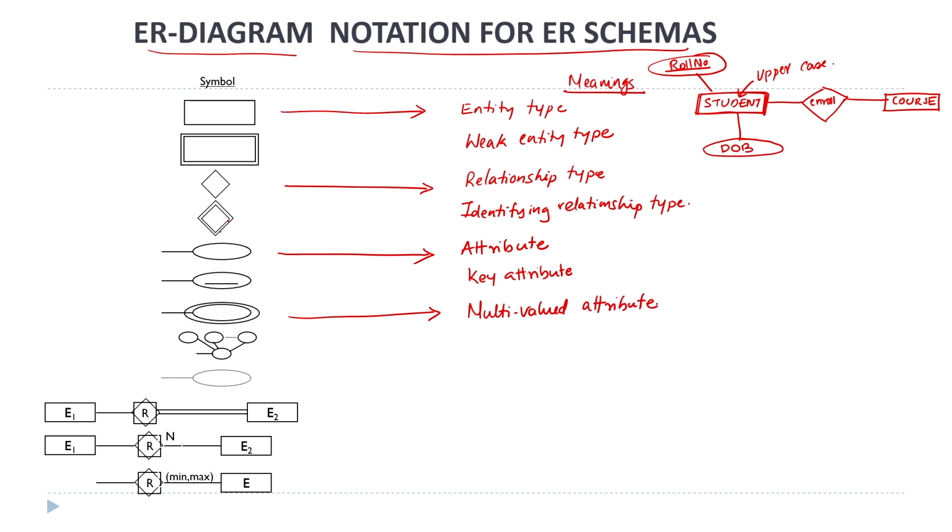Then you have a nested one, an oval with multiple ovals beneath it. If I draw something like this, name, and I have first name, middle name, last name, if I do it this way, then this entire collection is what you can call a composite attribute.